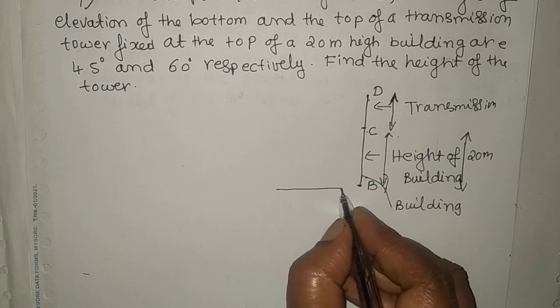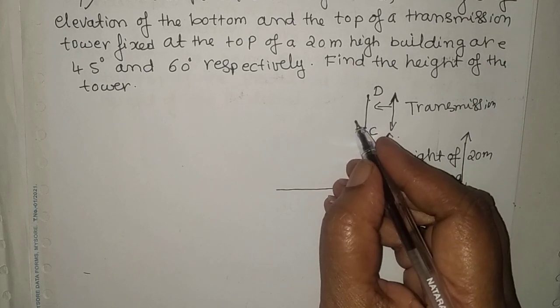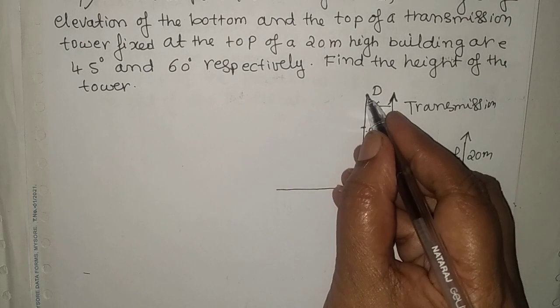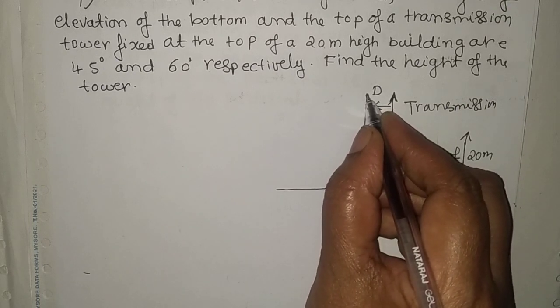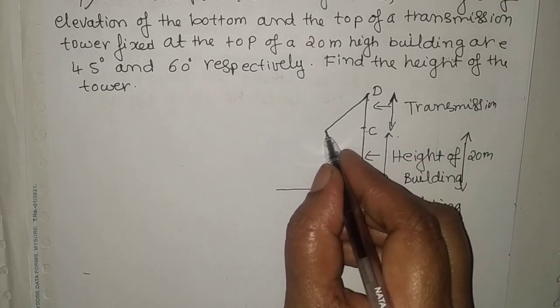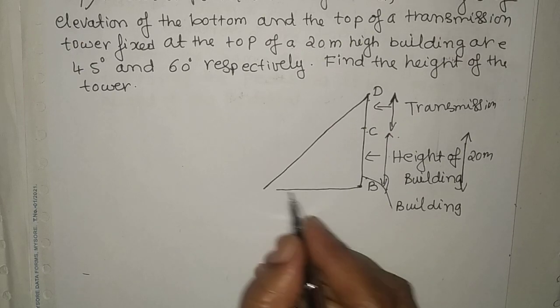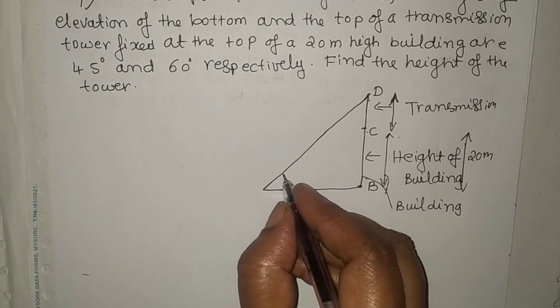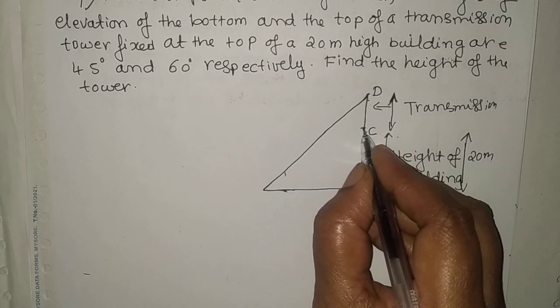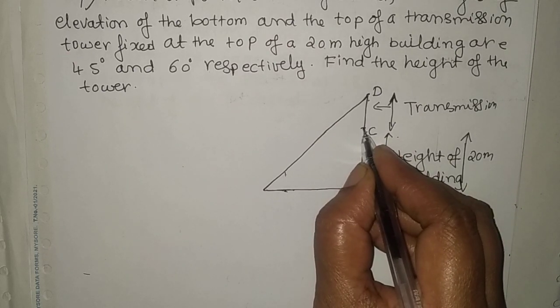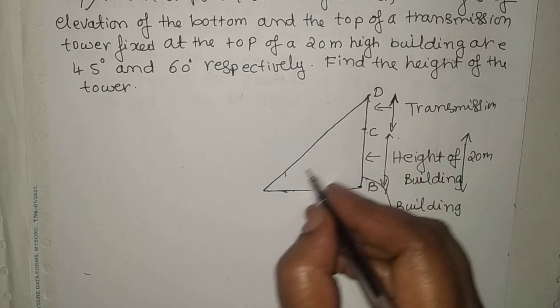So we'll just draw a line. This is the ground, and the elevation to the top of the tower is 60 degrees.